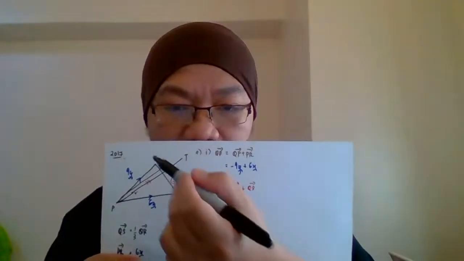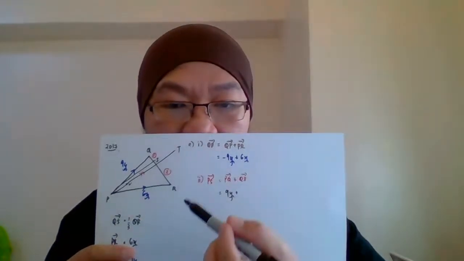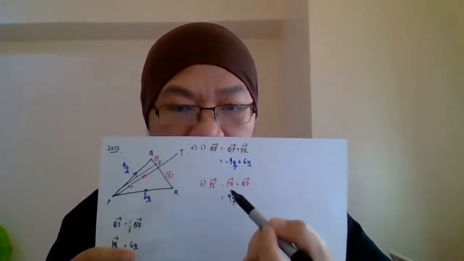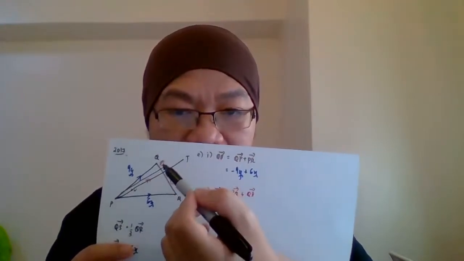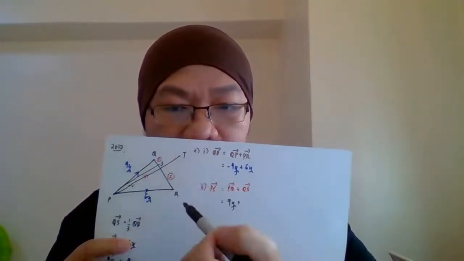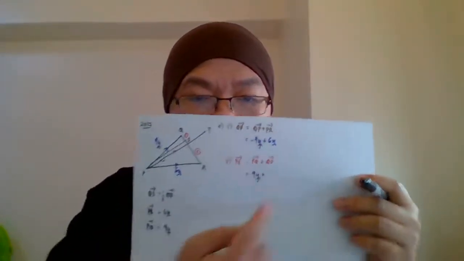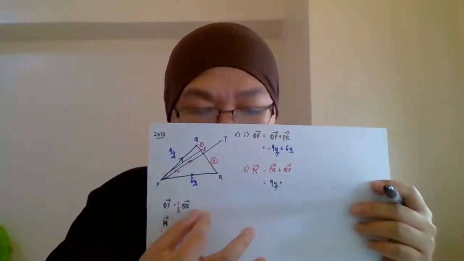I'm using the top because we already obtained the QR. Now, we don't have the vector of QS, right? But actually QS is 1/3 of the QR. You see here? QS equals 1/3 QR. So your QS here, you need to replace with 1/3 QR vector.